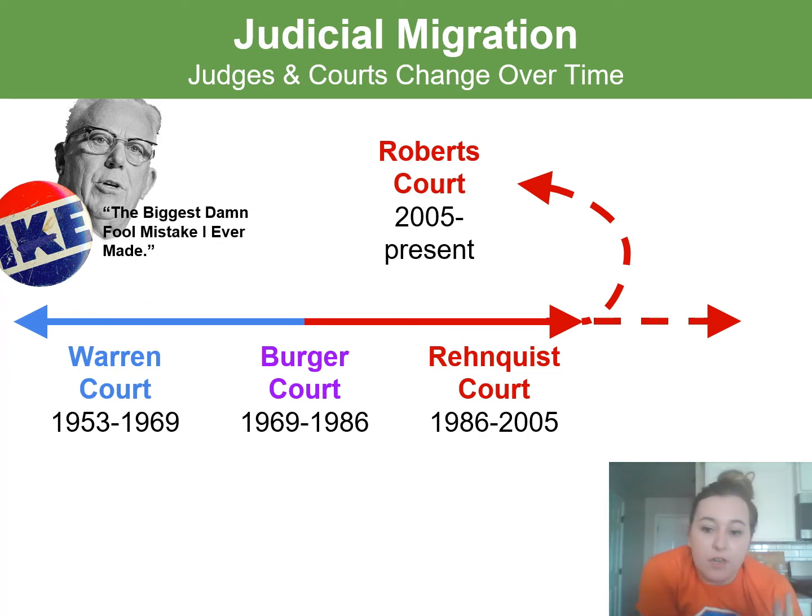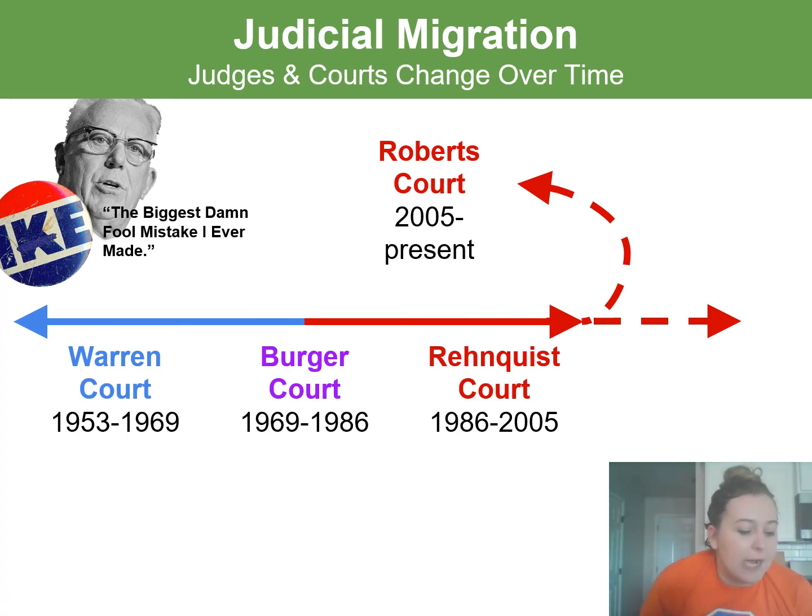But two different times, similar cases come before the Rehnquist court, and he is such a restraintist and original intentionalist that he sticks by precedent. So even though personally he hates the decision in Miranda versus Arizona, when he has the chance to overturn that decision two separate times, he doesn't do it.